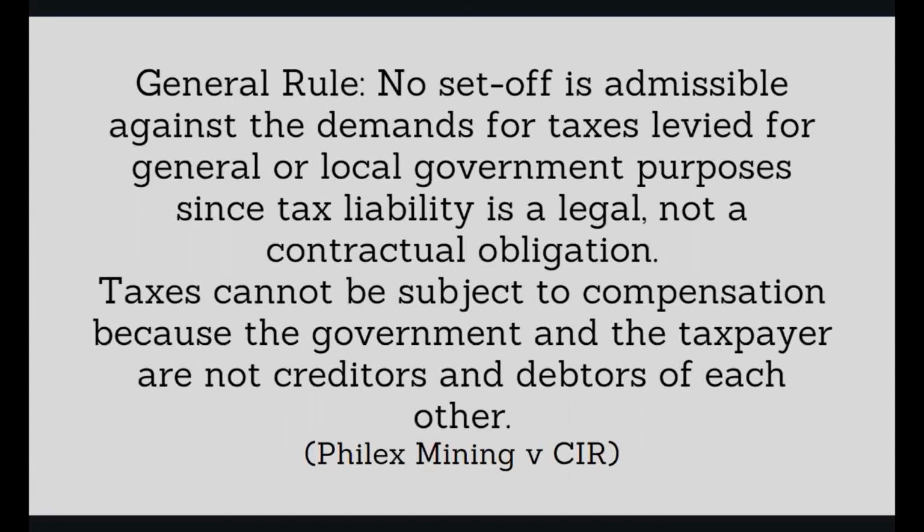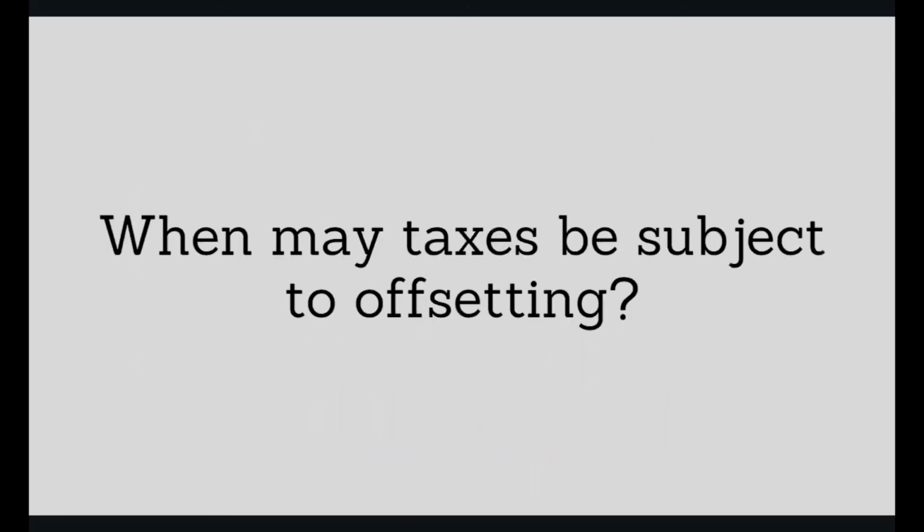The general rule is that no set-off is admissible against the demands for taxes levied for general or local government purposes, since tax liability is a duty, not a contractual obligation. Taxes cannot be subject to compensation because the government and the taxpayer are not creditors and debtors of each other. Felix Mining versus Commissioner of Internal Revenue.